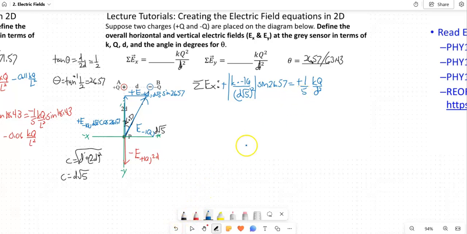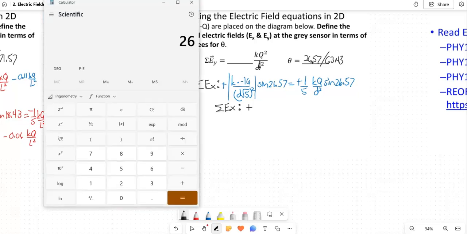So, and then we got cosine, oh, nope, sine of 26.57. So the electric field in the x direction, that is going to be equal to positive, and let's go ahead and do it, 26.57, second function sine.